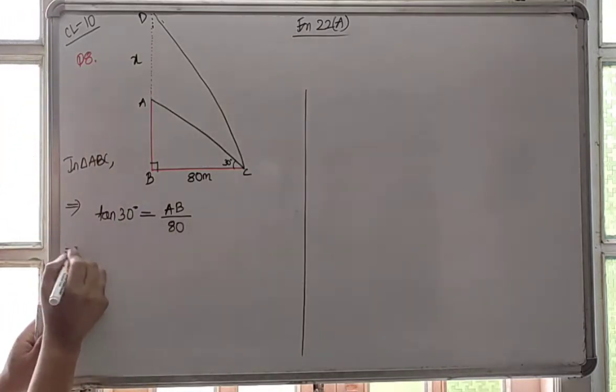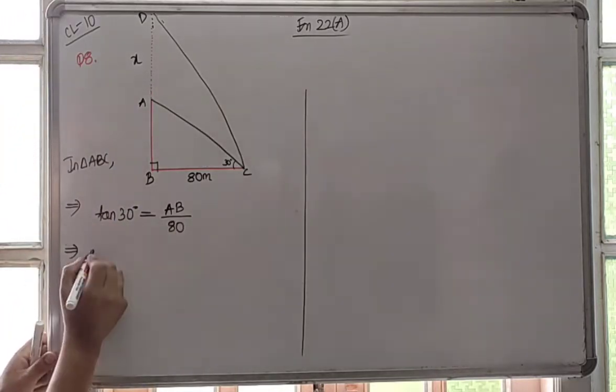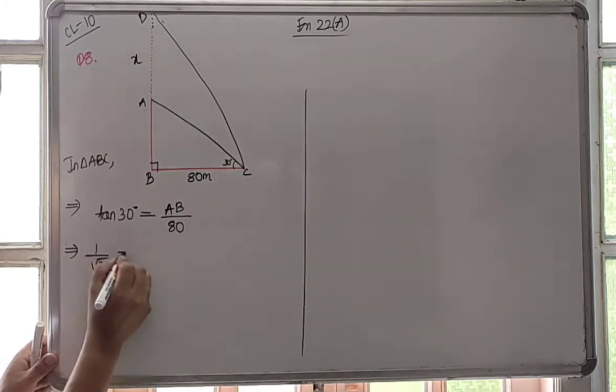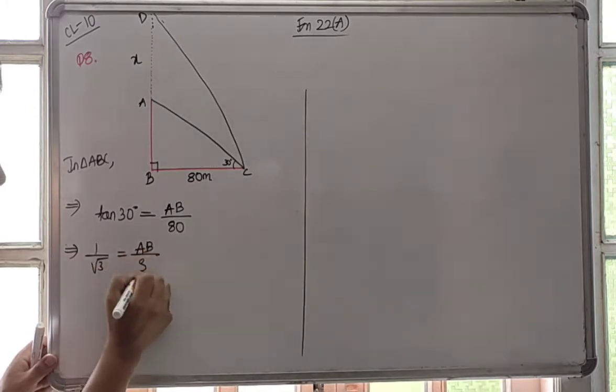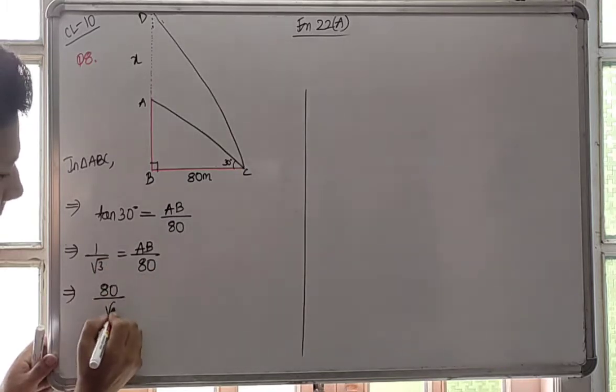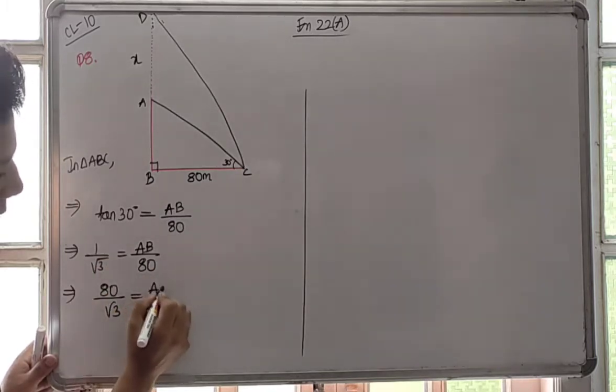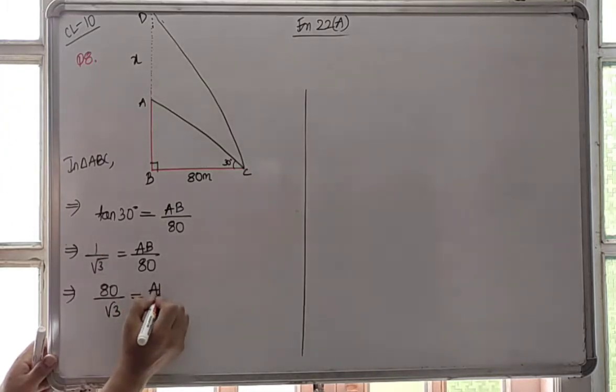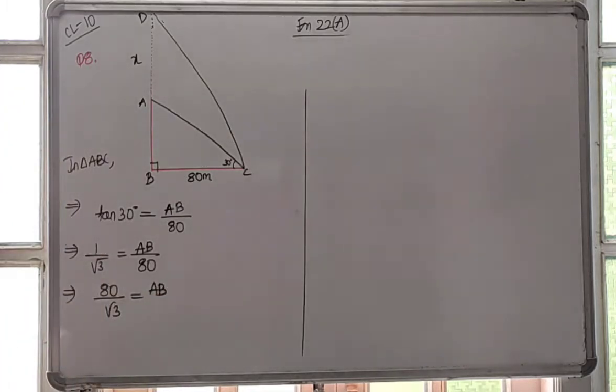Now what is tan 30? Tan 30 is 1 by root 3. So 1 by root 3 equals AB by 80. If you cross multiply, you get AB equals 80 by root 3. Since root 3 is an irrational number, let's not keep it in the denominator.